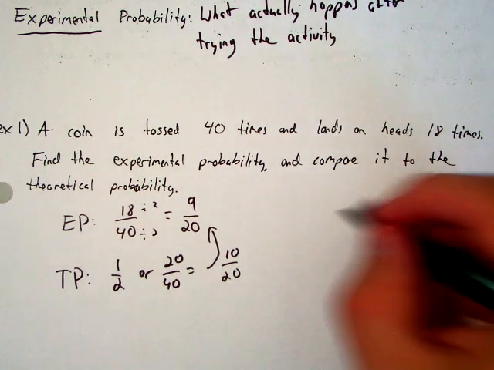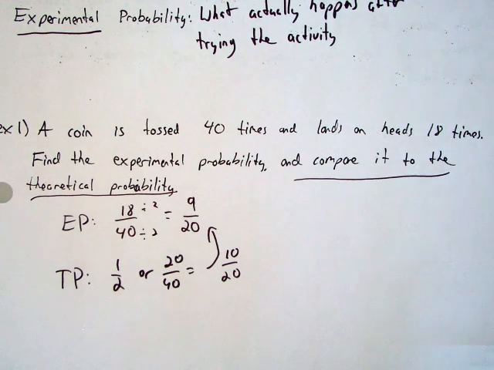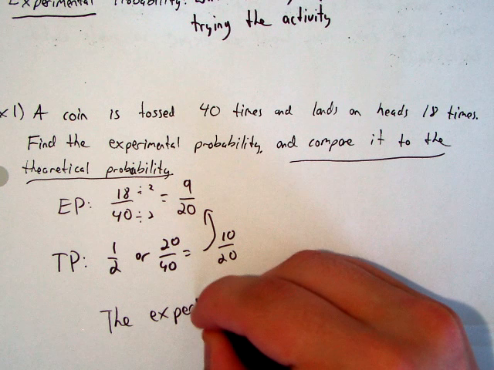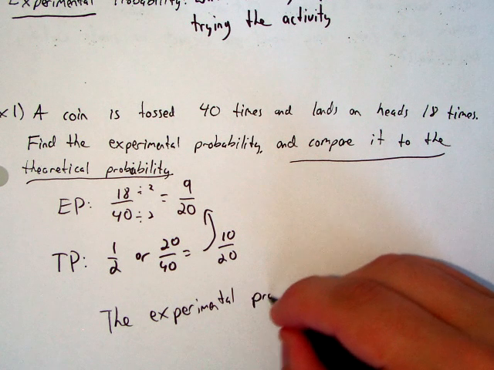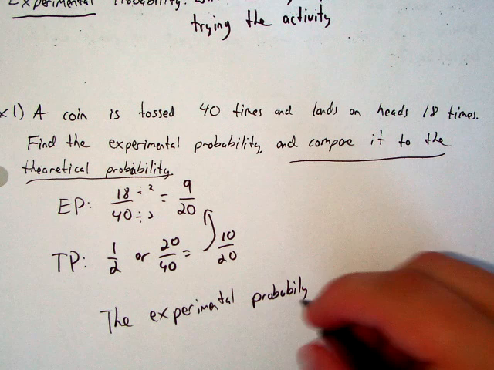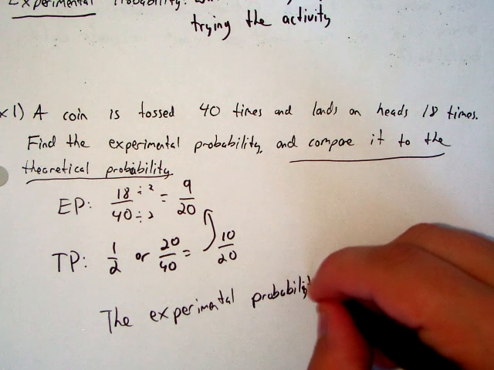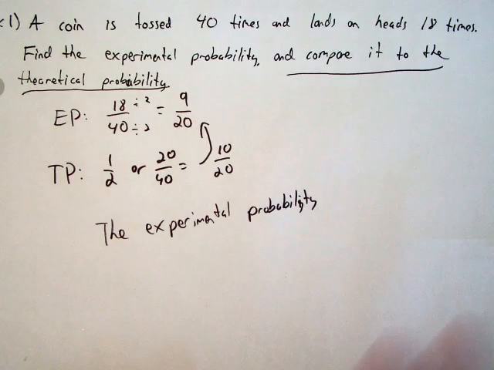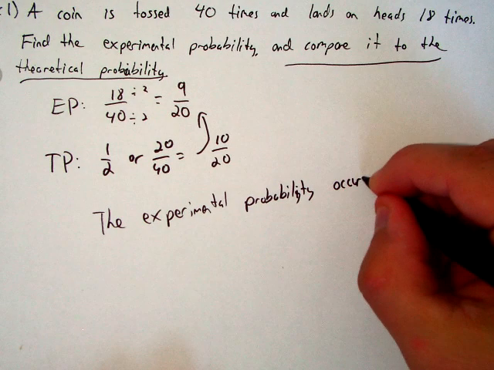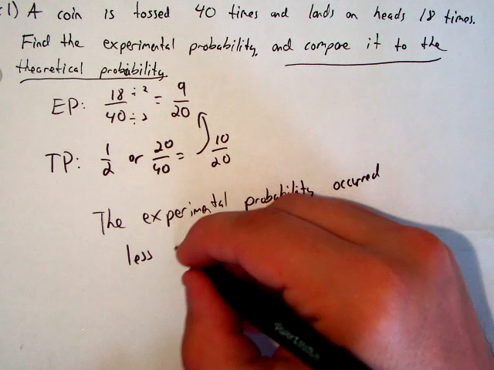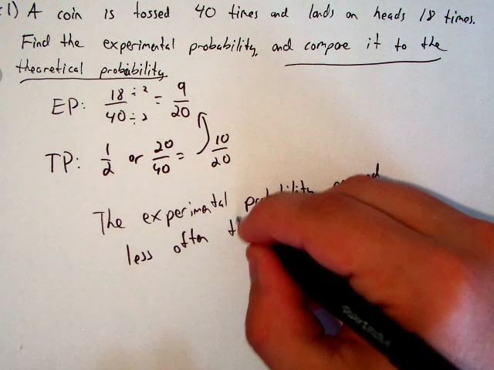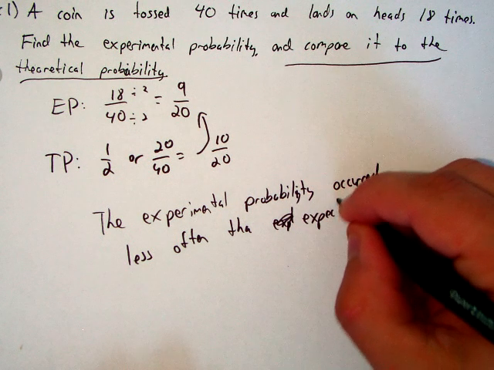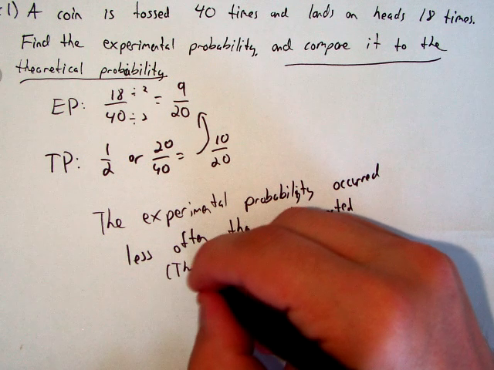So what we say when it says to compare it to the theoretical probability, we would say the experimental probability occurred less often than expected, or again, than the theoretical.